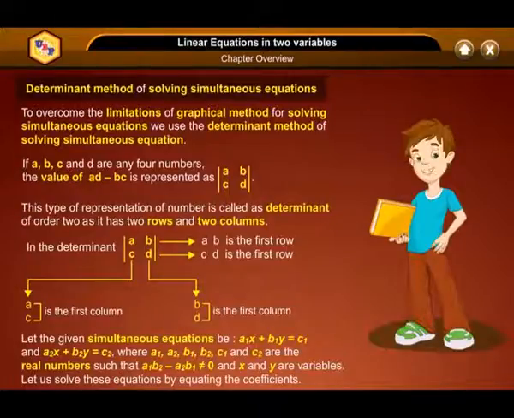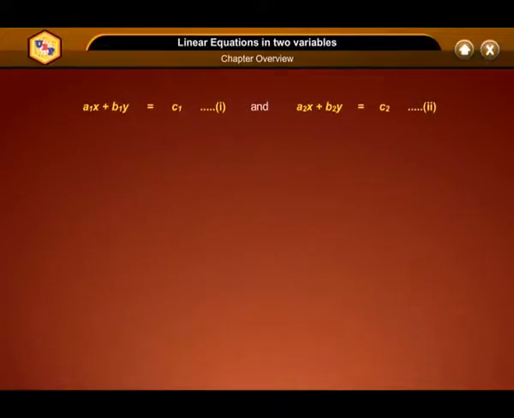Let us solve these equations by equating the coefficients. a1x plus b1y is equal to c1, equation 1, and a2x plus b2y is equal to c2, equation 2.